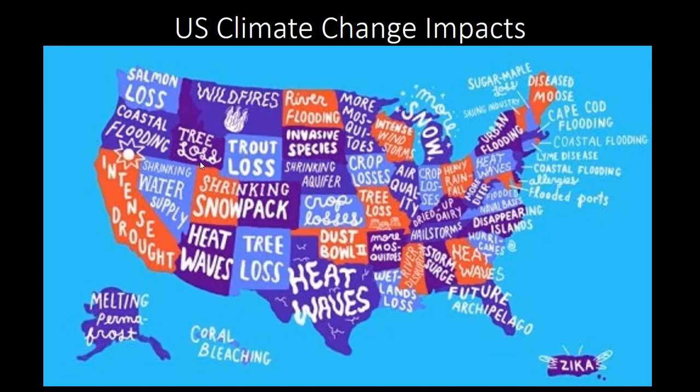Florida is estimated to be mostly under sea level. Heat waves for Texas, intense drought. But anyways, you can see a little bit different characteristics, and here actually more snow, look up at Michigan. So climate change will influence each region quite differently and distinctly as well.